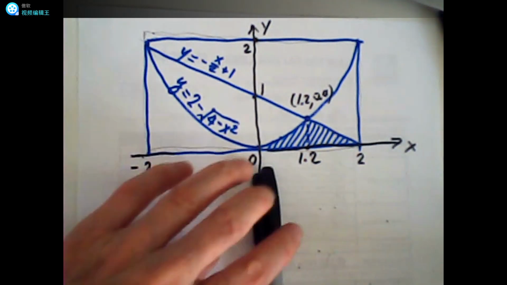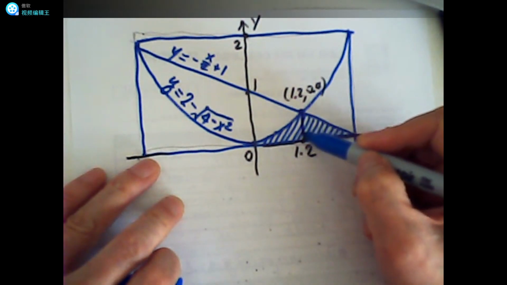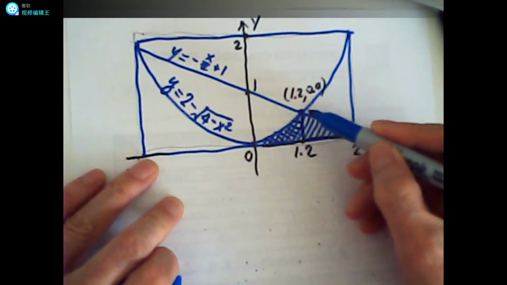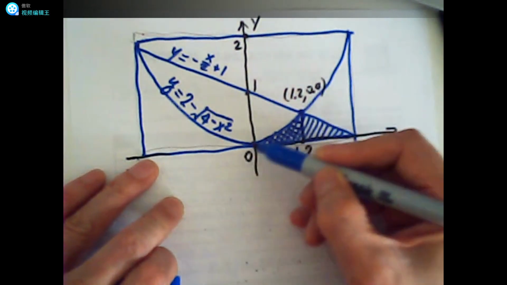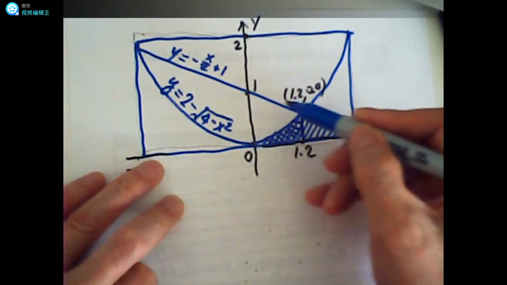Okay, the integration. The area has one piece here under the semicircle, plus the area under the straight line.